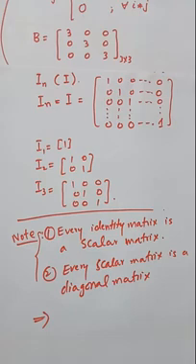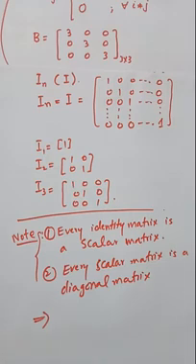For the diagonal matrix, there is only one condition: a square matrix in which the principal diagonal elements are non-zero for some i equal to j, and the rest of them are 0. They are called diagonal matrices. A scalar matrix is also a square matrix, but it must be diagonal, and on the principal diagonal the non-zero elements must be equal.